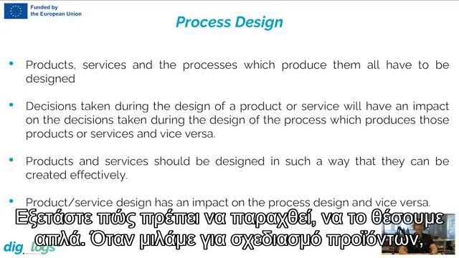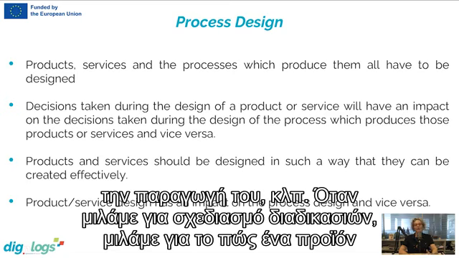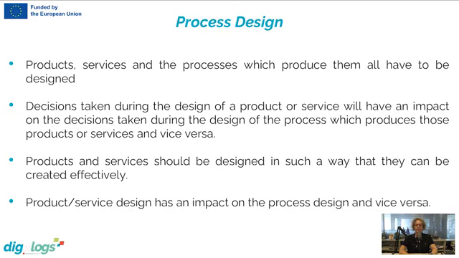To put it simply, when we are talking about product design, we are talking about the product's shape, its components, and raw materials that are used for its production, etc. When we are talking about process design, we are talking about how a product or service is produced, the methodology, and its sequence of production activities.